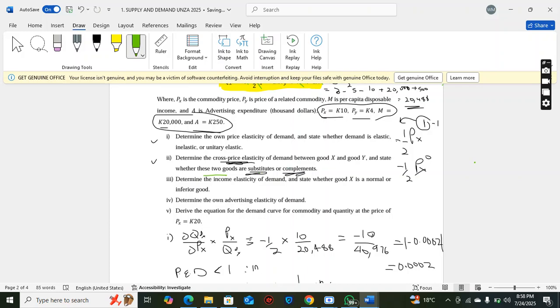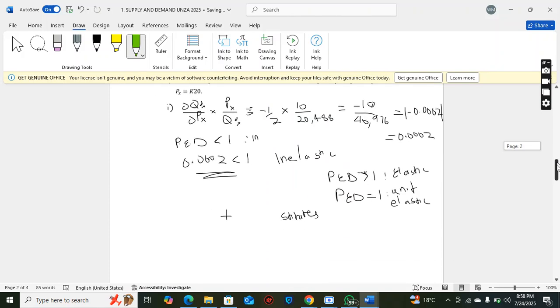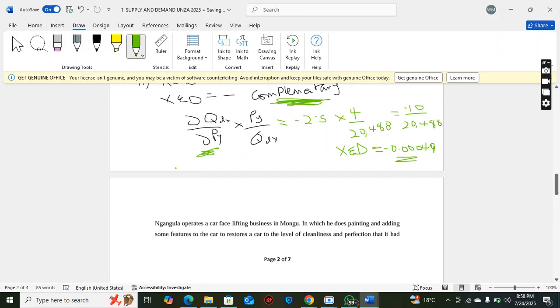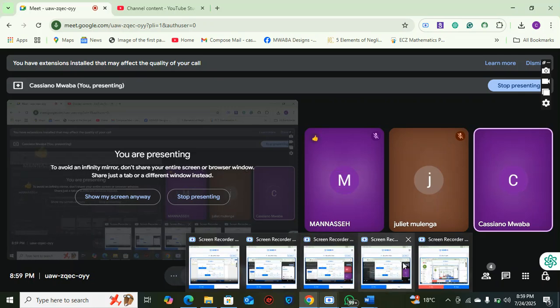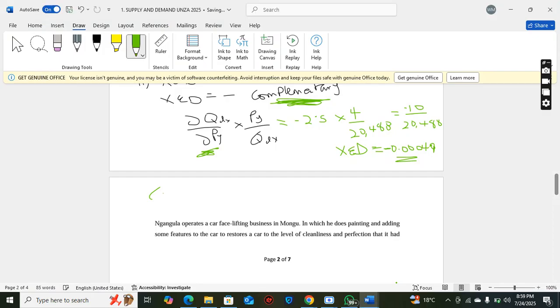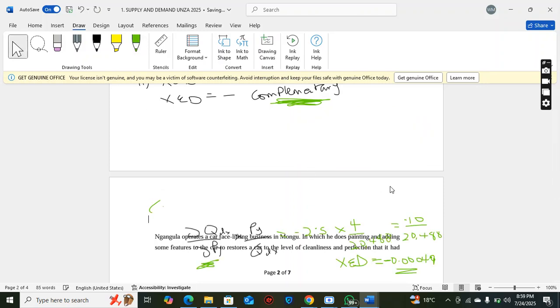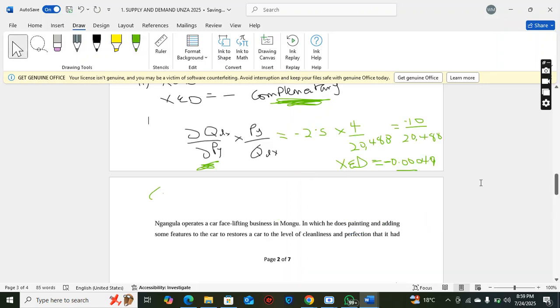So they are complements because the XED is negative. Okay, colleagues? If the cross price elasticity of demand was positive, then they would be substitute goods.